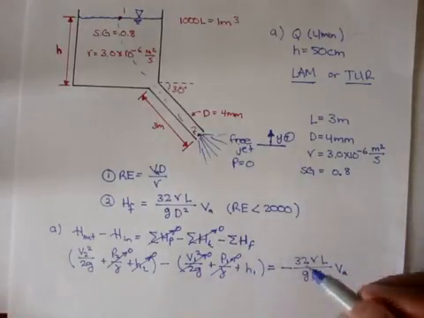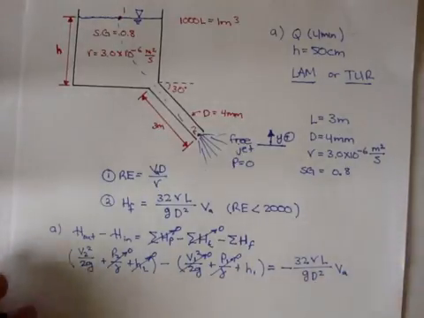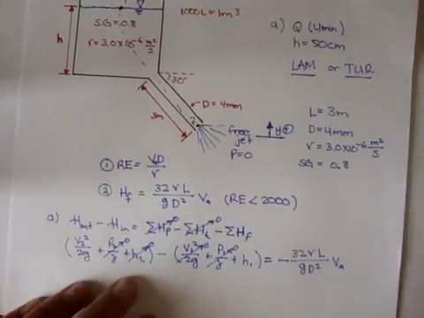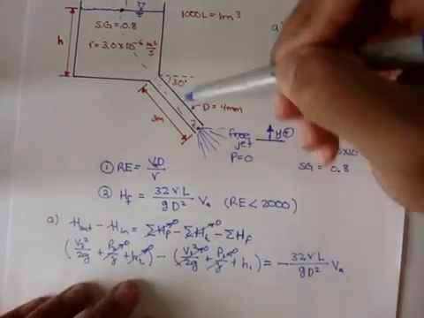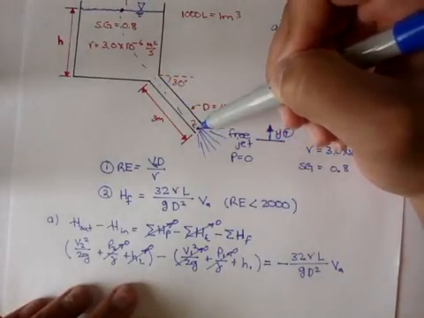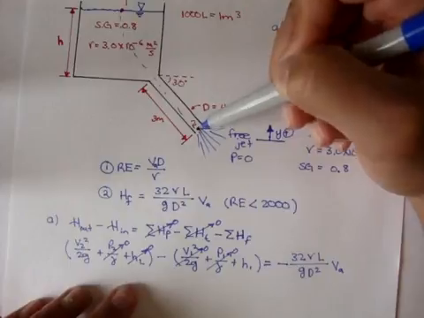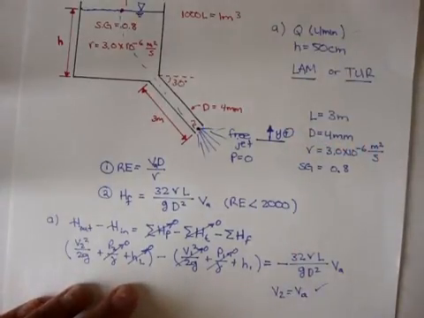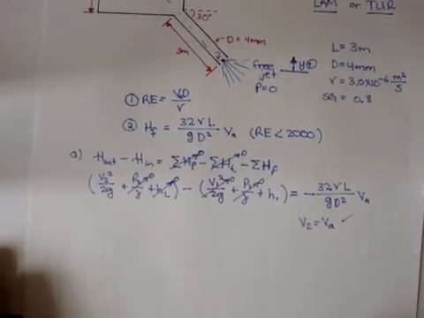The height of 1. Okay, and one more thing. We can say that the average velocity in this pipe is roughly the same as the exit velocity, so V2 is equal to VA. Okay? Now let's rewrite this.